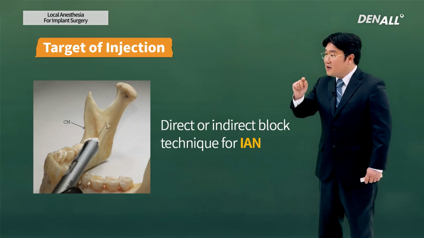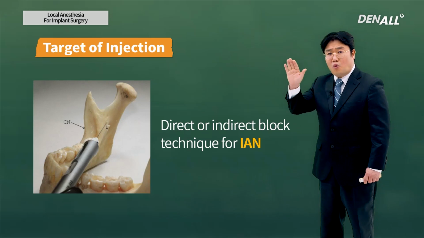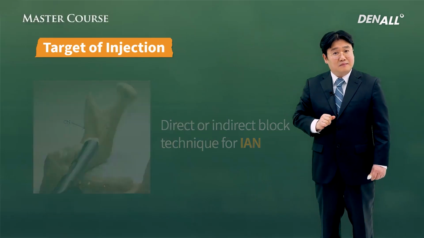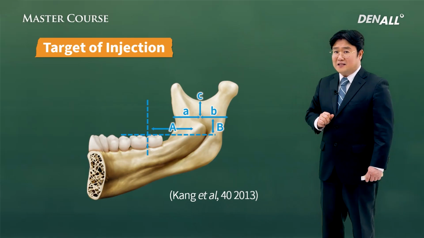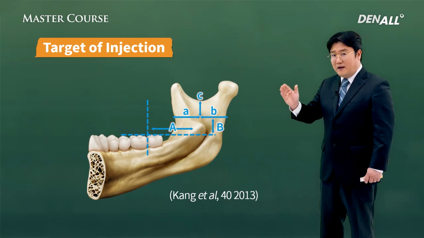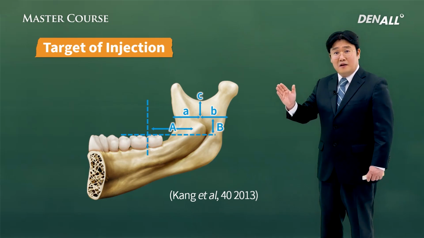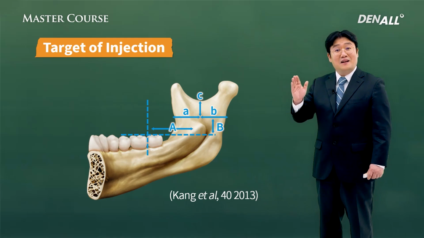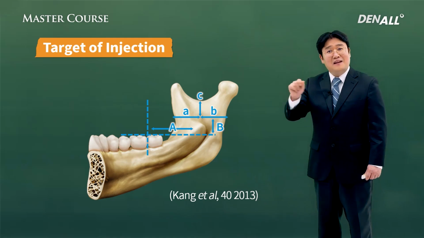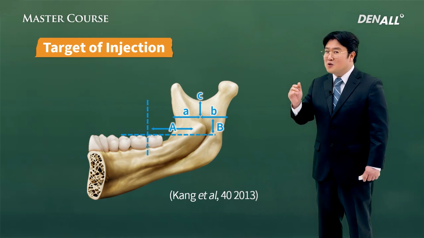Then, exactly where is that location? Do we have data from Korean people? Yes, the data is collated in a research. As you can see here, the mandibular foramen or lingula, because the lingula is the landmark of the mandibular foramen, is where the inferior alveolar nerve goes in.